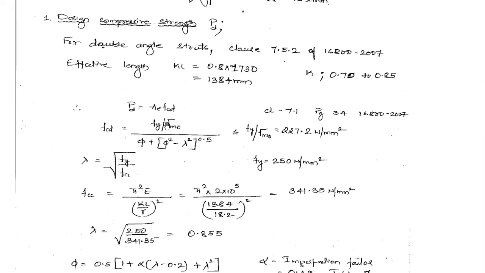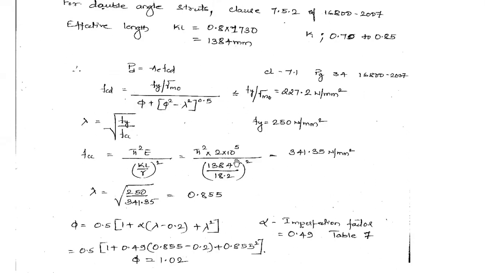Now this is by using the formula. What formula is there in the code? On that basis, FCD is calculated here. This FCD calculation will require you to calculate lambda and phi.